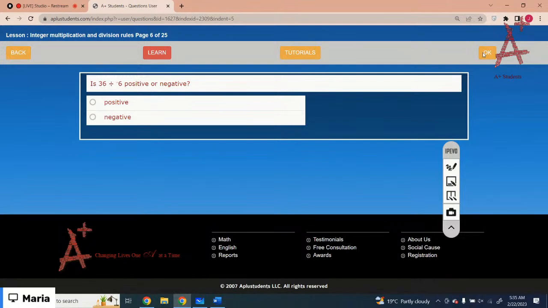Is 36 divided by negative 6 positive or negative? 36 is positive and 6 is negative. One of them is negative, so the answer must be negative.